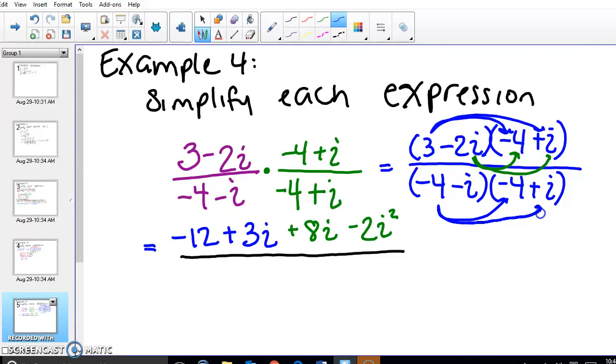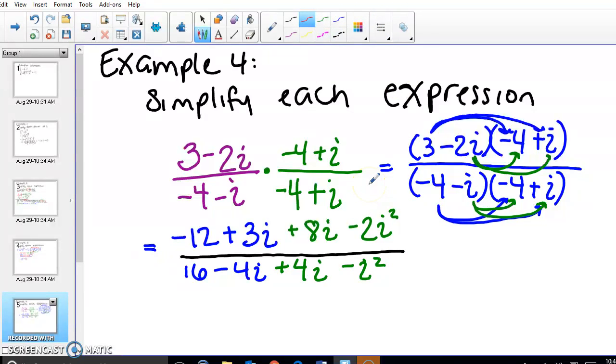Negative 4 times i. Negative 4 times negative 4 is positive 16. Negative 4 times i is negative 4i. Negative i times negative 4 and negative i times i. So we have positive 4i and negative i squared.